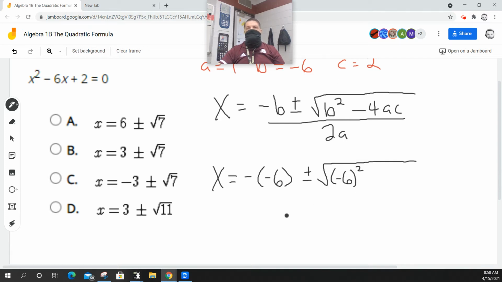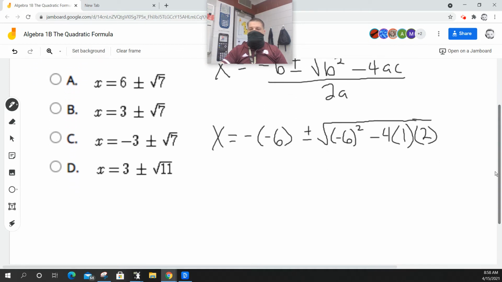So anytime you have a negative and you're substituting that value in for whatever variable, put it in parentheses. So now I'm going to say -4 times a, which is 1, times c, which is 2. Okay, all over 2 times a, which is 1.